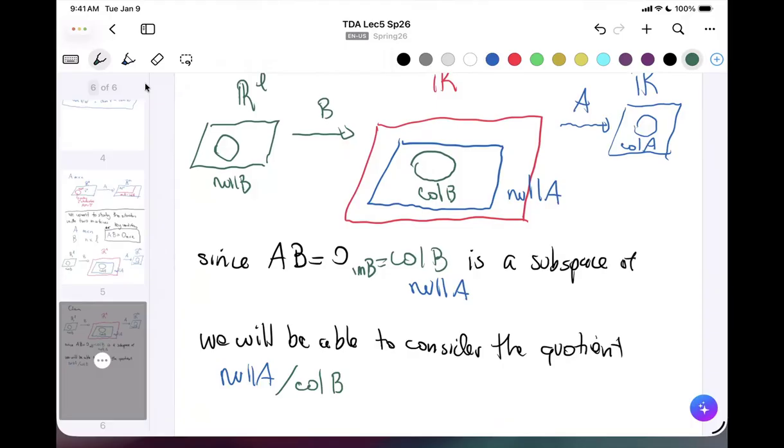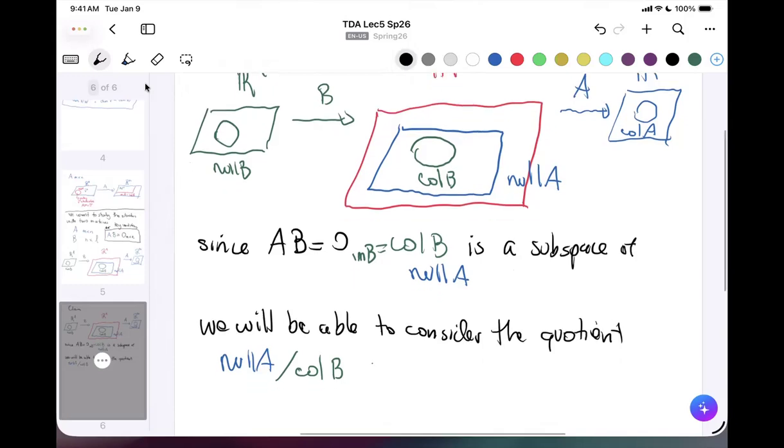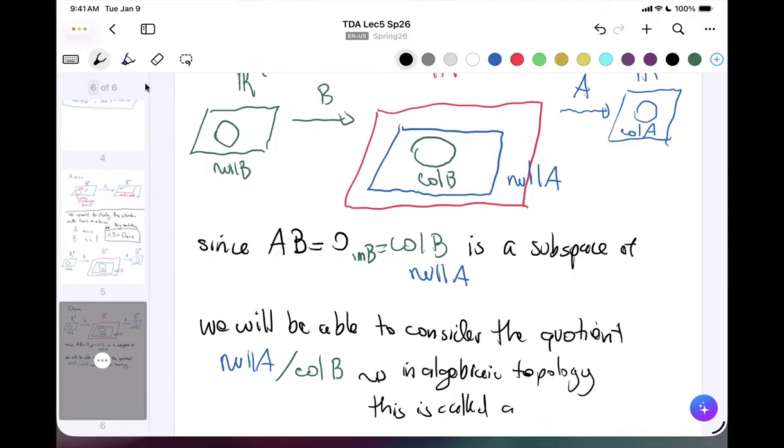But yeah, in algebraic topology, this is called a homology group. For now, we don't have to worry too much about that.